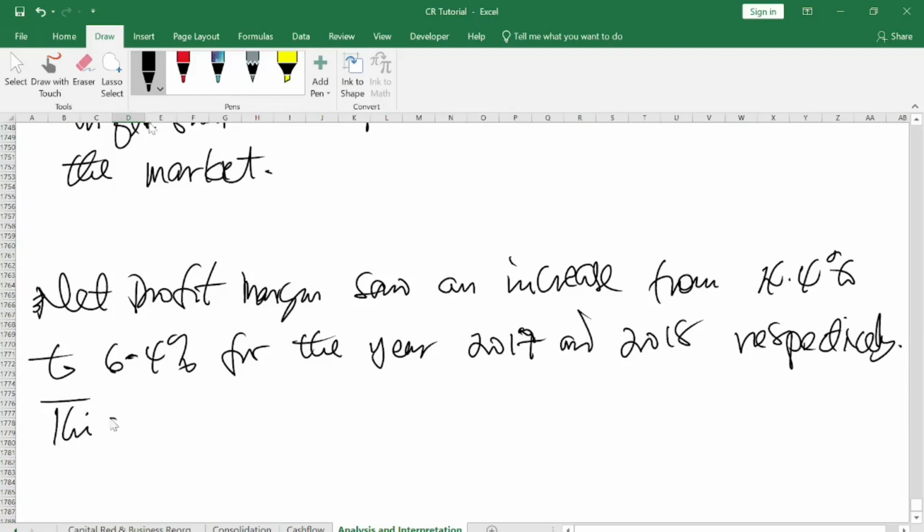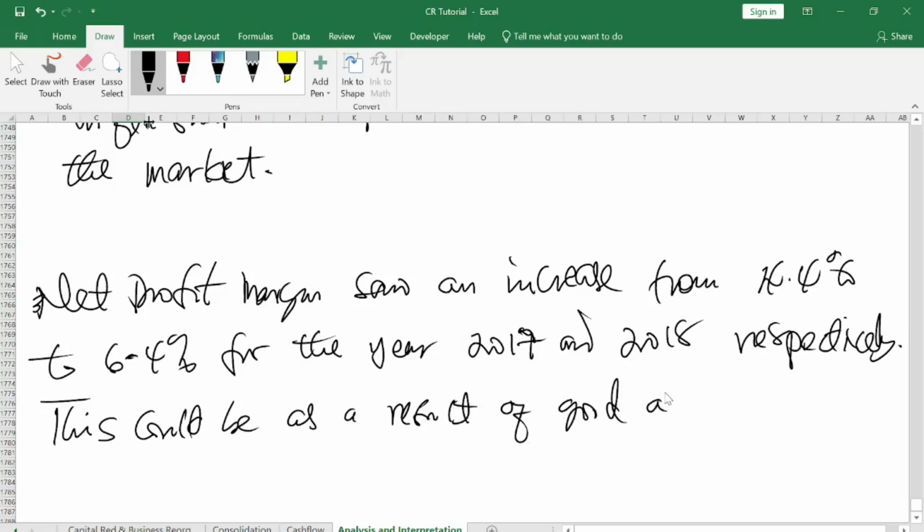Then you say this will be as a result of good management of operating expenses.